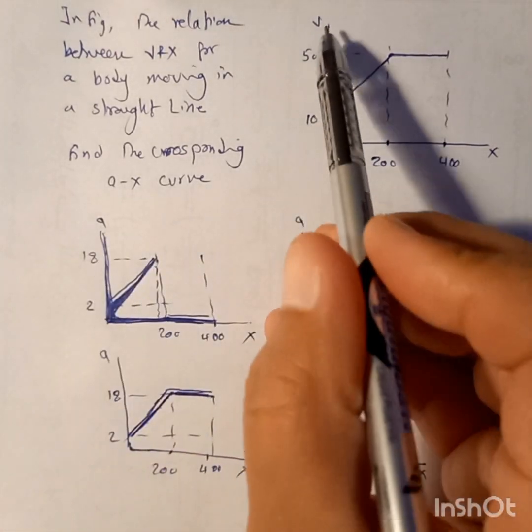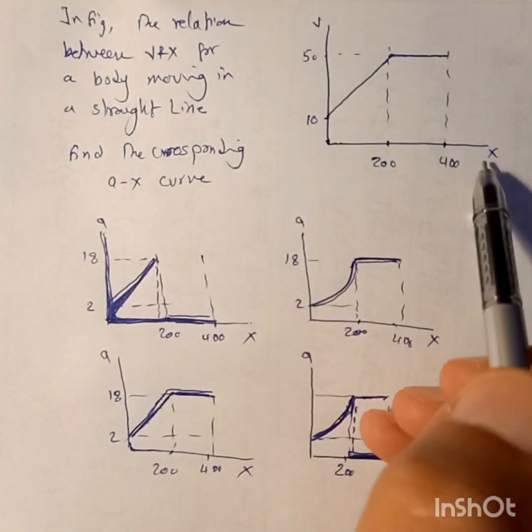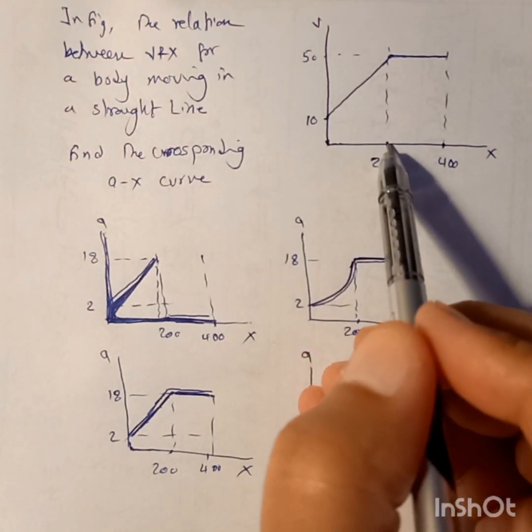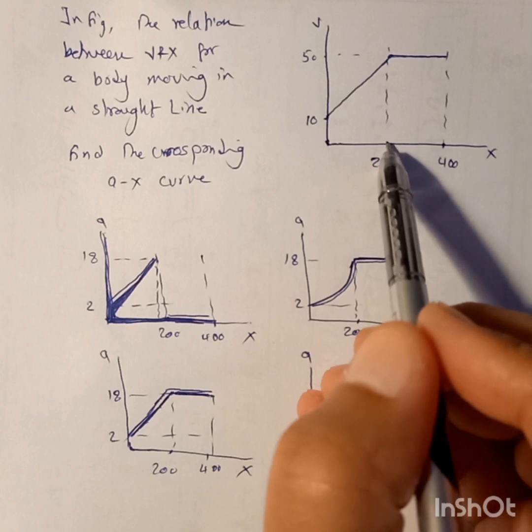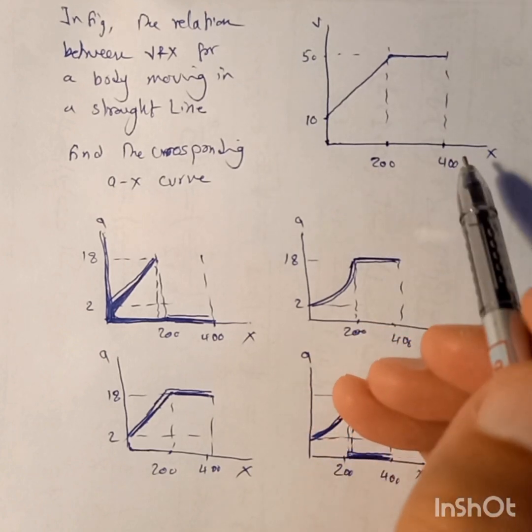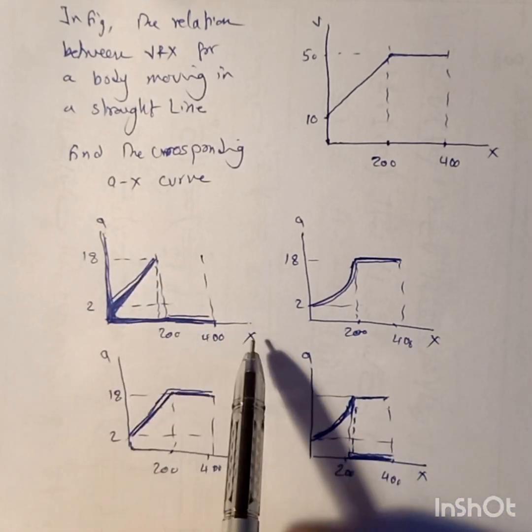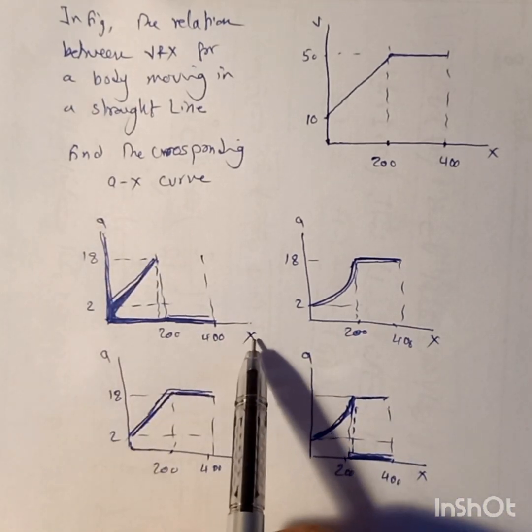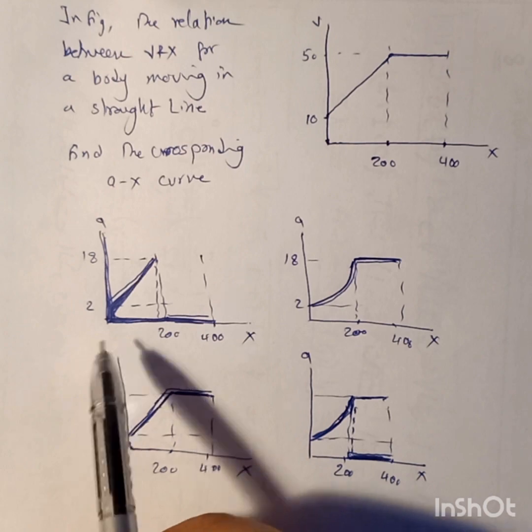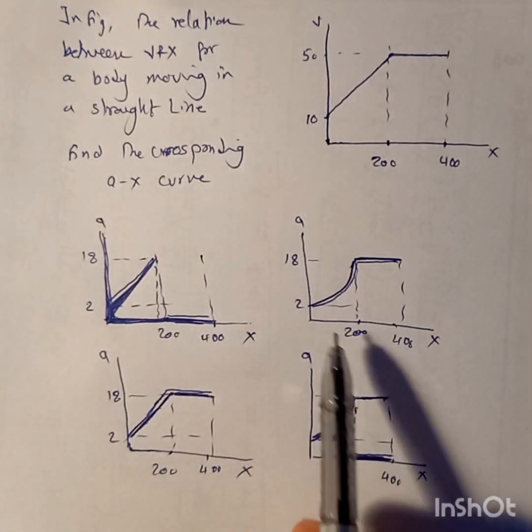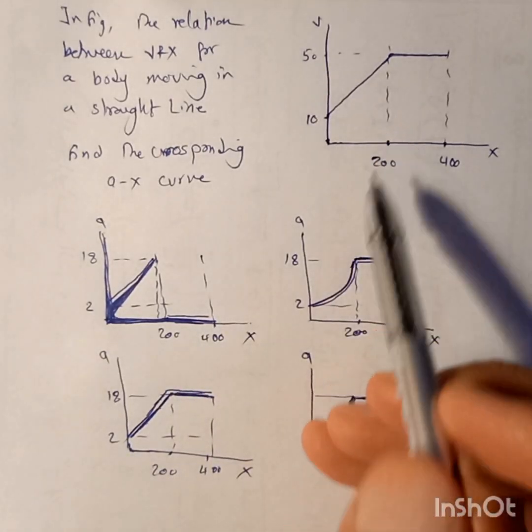Here we have this curve relating v and x over the displacement interval from 0 to 200, then from 200 to 400. Here we have the curve relating a and x over the same interval. For the different curves, we need to select the one corresponding to the given one.